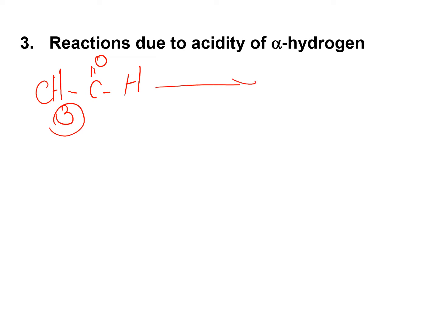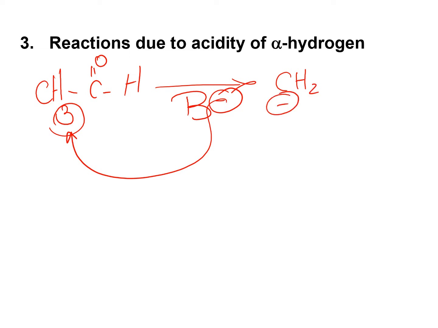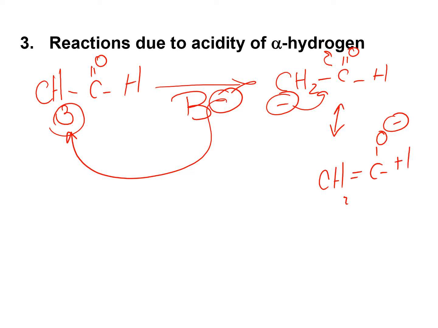As we mentioned, this alpha hydrogen is acidic. Accordingly, it can be abstracted by a base, leaving a negative charge on the carbon, which, as we said, is stabilized by resonance. As we always say in any organic chemistry reaction, you do not have one molecule of the starting material in your container.